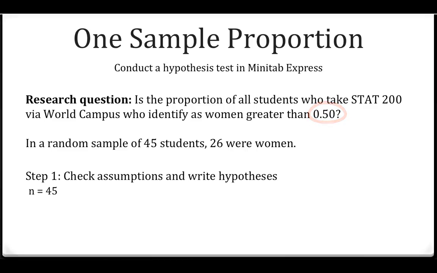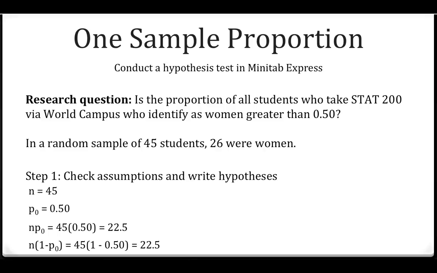Our sample size is n equals 45, and p sub 0 is 0.50. n times p sub 0 equals 22.5, and n times 1 minus p sub 0 also equals 22.5. These are both greater than or equal to 10, so we're going to use the normal approximation method in this example. Next, we write our hypotheses.